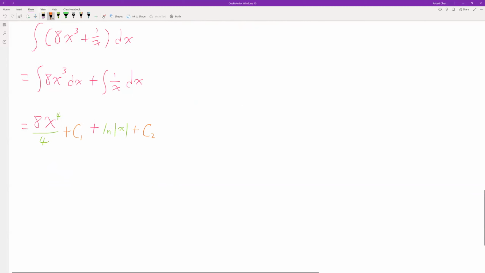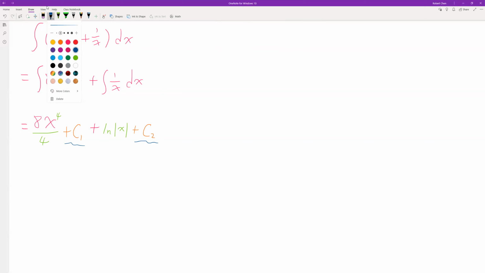All right, so what we can do now is we can actually combine these two constants together, because keep in mind C1 and C2, they are just numbers, right? So what we can do here is we can add both of them together, and then rewrite our final answer like this. So 8 over 4, that's 2. So we have 2x to the fourth plus ln of absolute value of x, and then C1 plus C2.